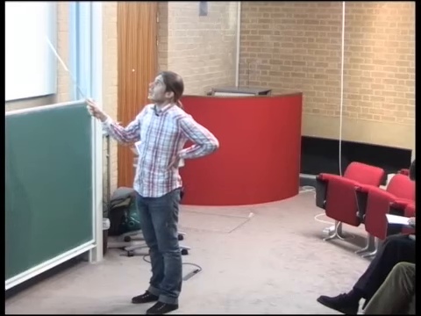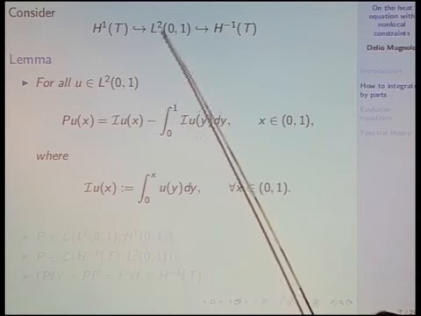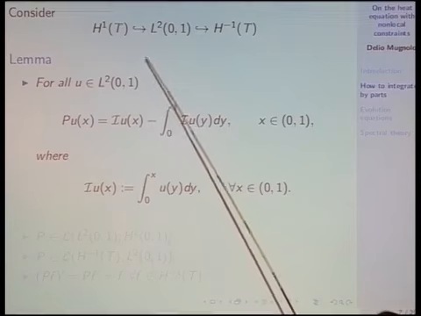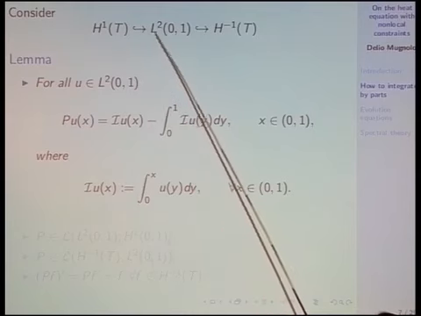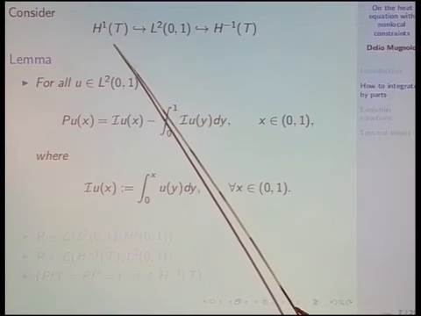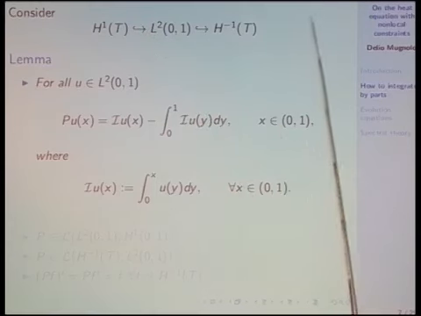And then you consider the Gelfand triple, if you wish, of these three Hilbert spaces. So you identify L2 with itself as a pivot space, as I said, and then you take the first Sobolev space of functions acting on the torus and its dual.